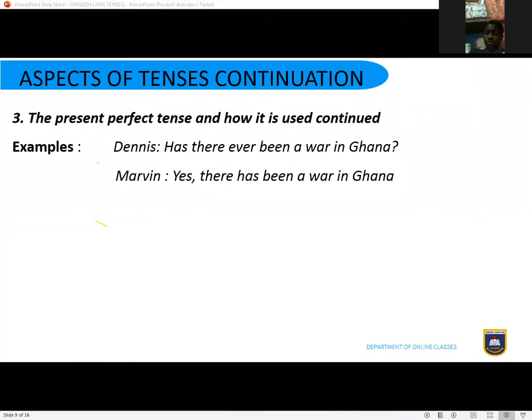All right. So with this, we have looked at the simple present tense, the present progressive or continuous tense, and we've also looked at the present perfect tense. And now we'll look at what?